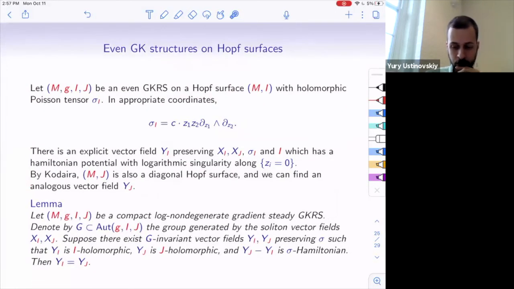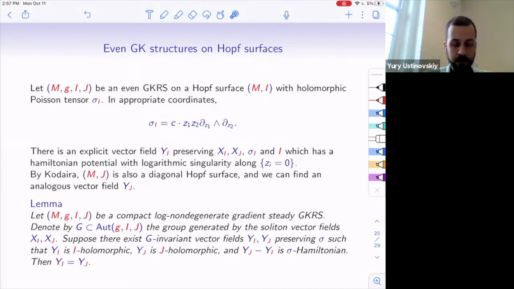So how do we do that? We observed that if you start with an even generalized Kähler-Ricci soliton on a Hopf surface, then in appropriate coordinates, your Poisson tensor sigma can be chosen a complex multiple of a standard one.